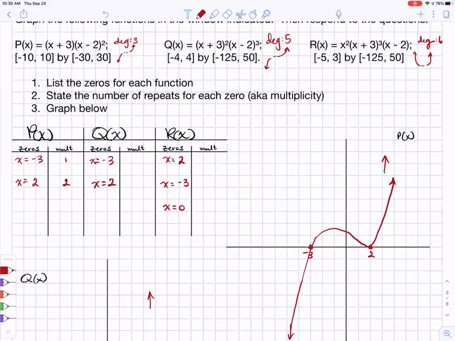By the way, your graphs should be identical to each other's if you use the window you were told to use. Get your graph, get your multiplicities.